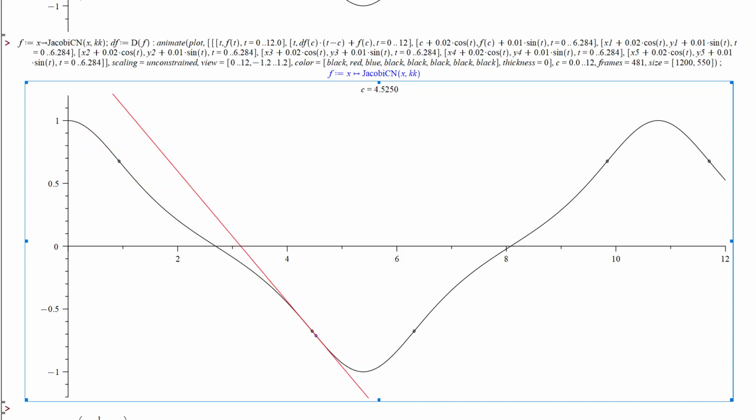Now I switch back to concave up. Concave up. Now switch to concave down, and so stay concave down till you hit the u axis, and switch back up. So how interesting is that?